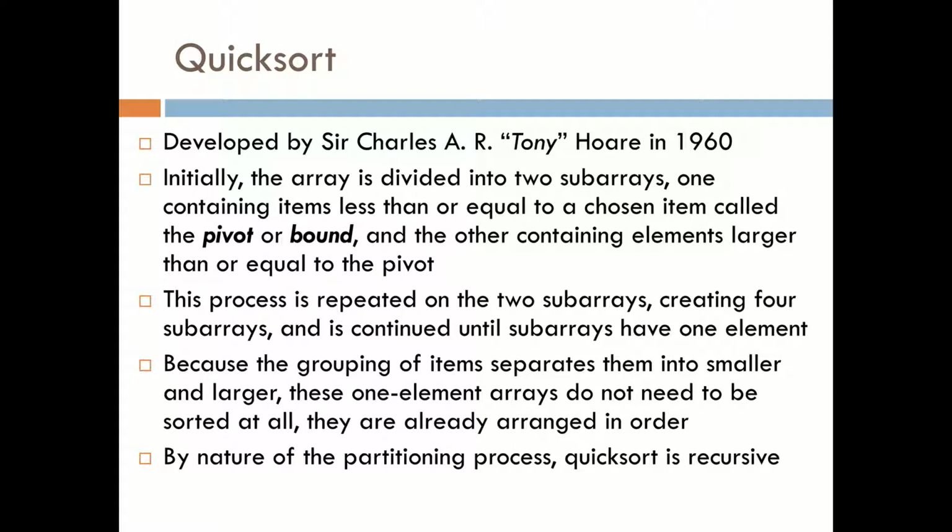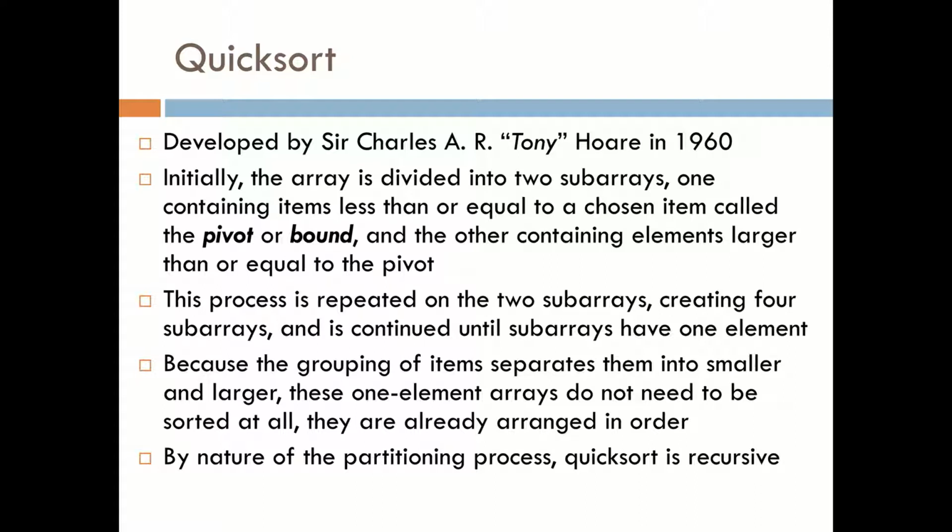So the things that are smaller than the pivot will end up to its left, if you think of the array as having a left and a right, and then the things that are greater than the pivot will end up to its right. This process will be repeated on the two subarrays, the one to the left and the one to the right.